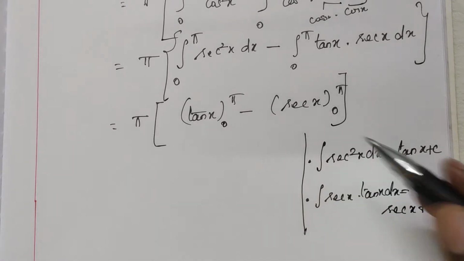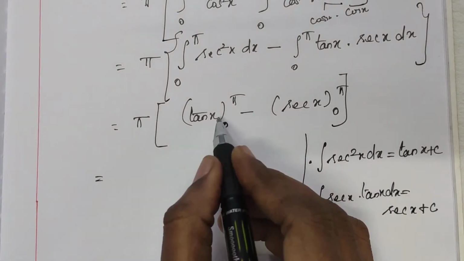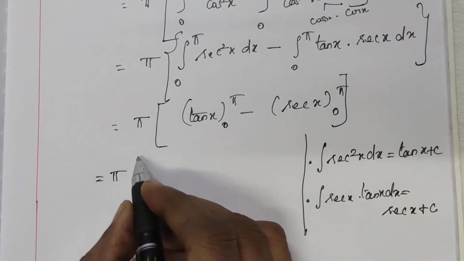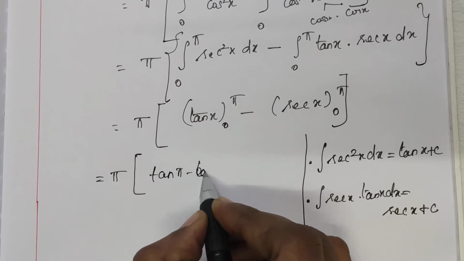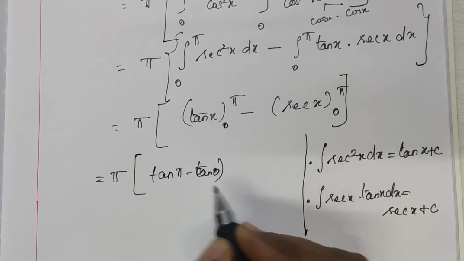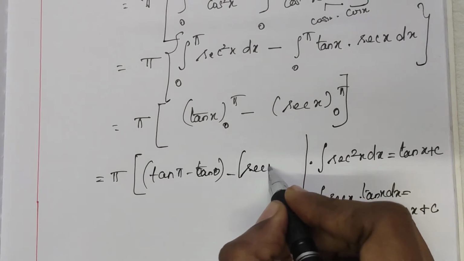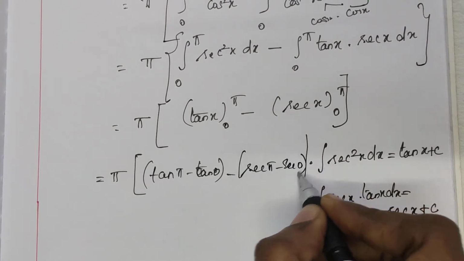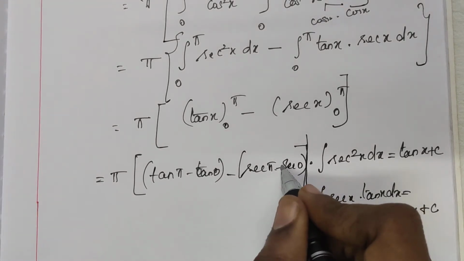Now apply the upper limit and then the lower limit: tan pi minus tan 0, minus the bracket of secant pi minus secant 0.